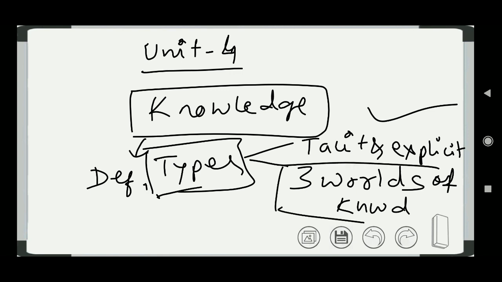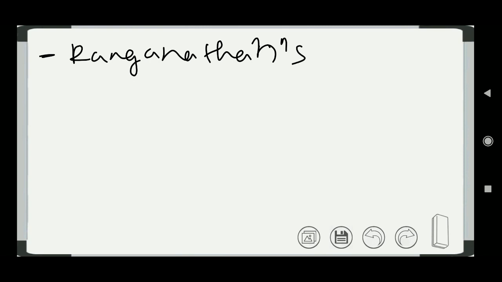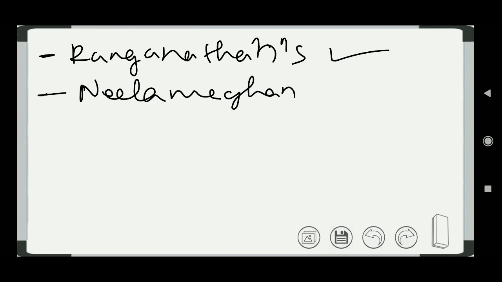So be prepared. Next, under unit 4, the formation of knowledge: Ranganathan's mode of formation of knowledge is important, and Neela Meghana's extension.